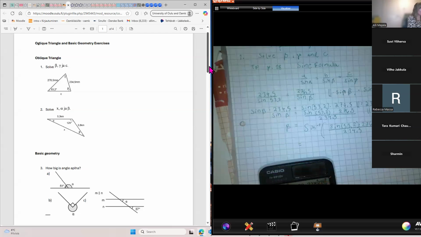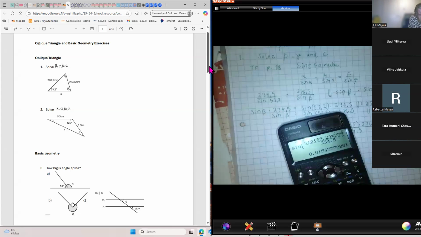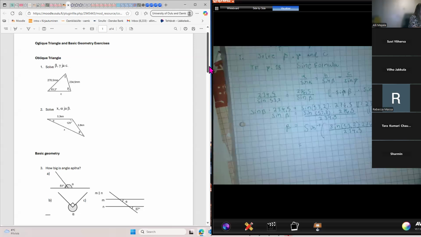Do I have something in the wrong way here? Yes, that's the problem. It would be really, really small if it would be like that. It would be actually this small. These ones are the wrong way around, obviously, because I had.